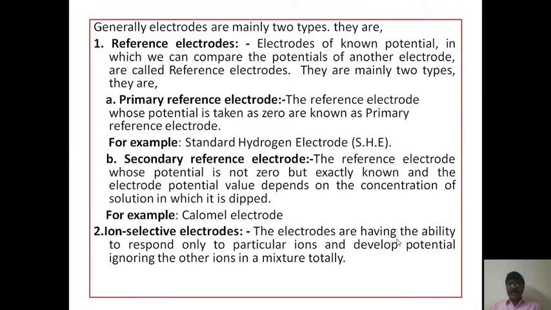These electrodes have the ability to respond only to particular ions and develop potential, ignoring the other ions in a mixture. These are the two main types: reference electrodes and ion selective electrodes.